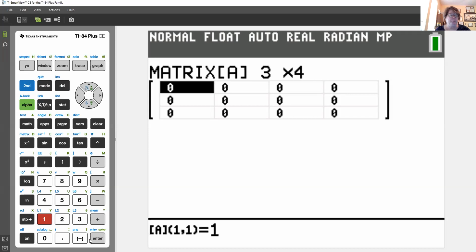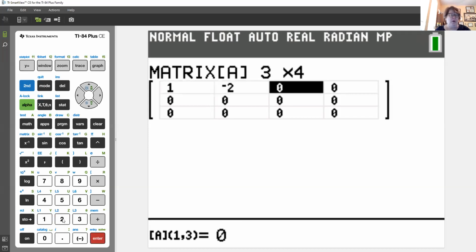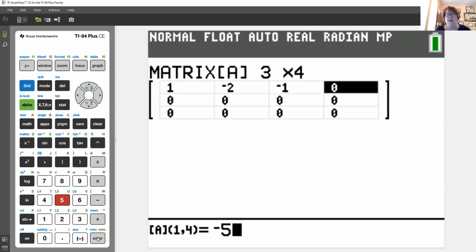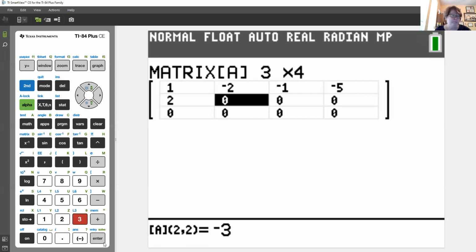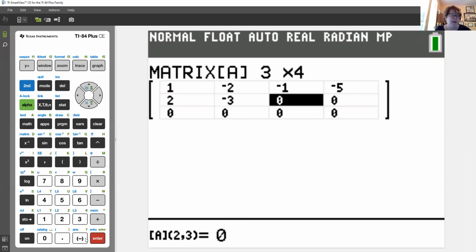So I had 1, -2, -1, and -5. Make sure when you're putting in a negative that you use your negative symbol, not the minus sign. All right, so the second row was 2, -3, -1, and 0.